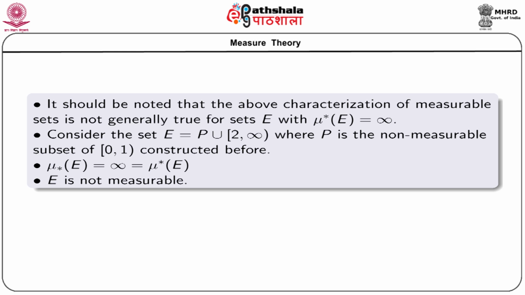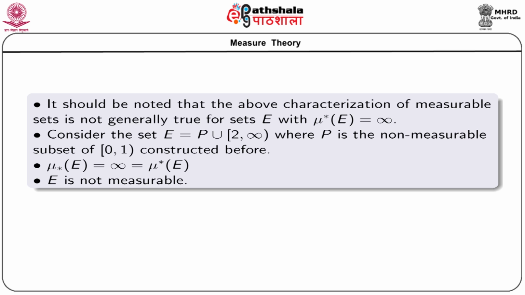But the set E is not measurable, because if E is measurable, then from the property of measurable sets we already know that if two sets are measurable, then their difference is also measurable. So, E minus closed 2 infinity open should also be measurable, but this will imply that the set P will also be measurable, which is not possible, because we have taken capital P as the non-measurable subset of closed 0 1 open.